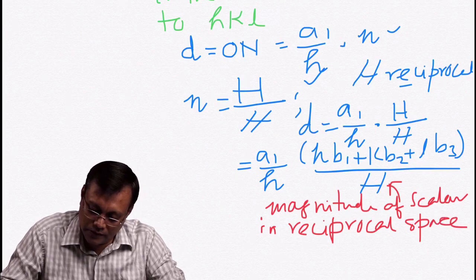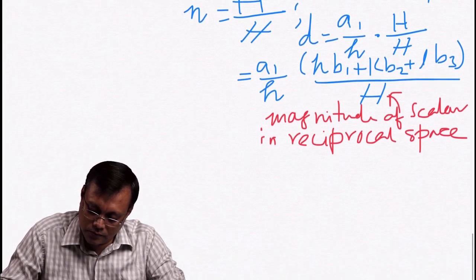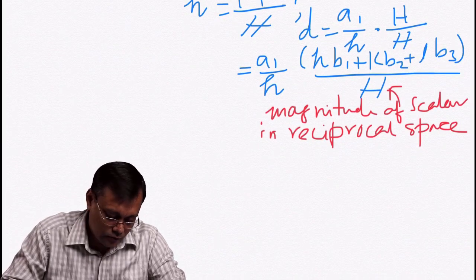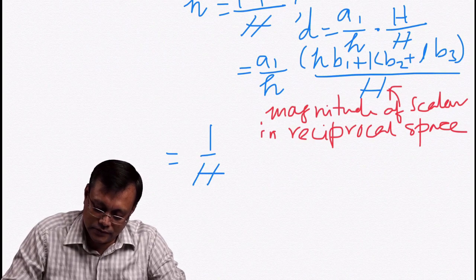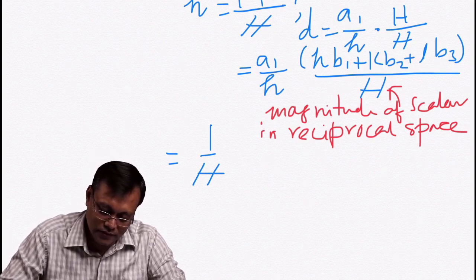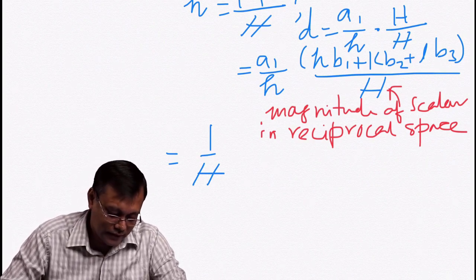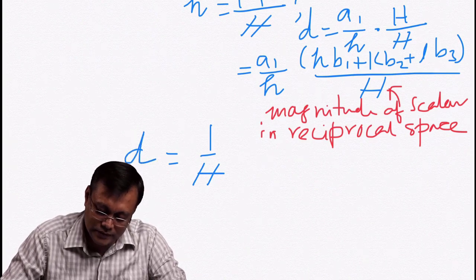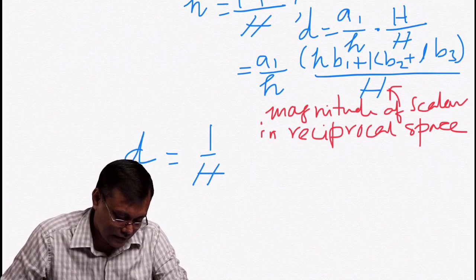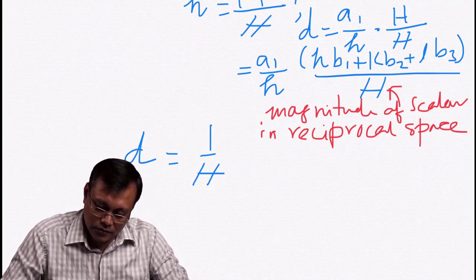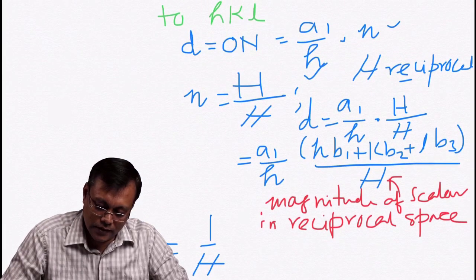So what will happen? The value what we wrote here will be equal to 1 by italics H. So what we have started with, we proved that D is equal to 1 by italics H, nothing else. So this is all about the vector addition.